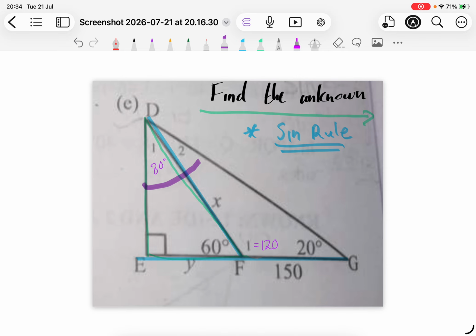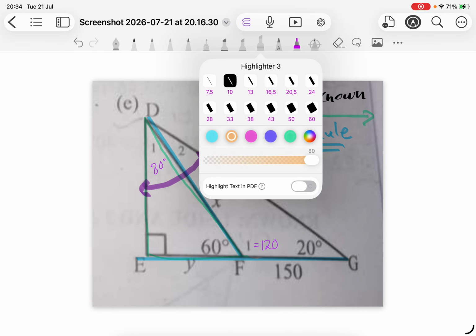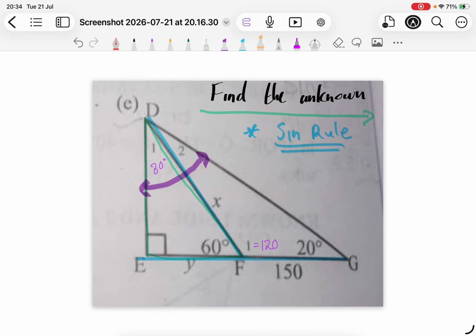So this is the angle D. And if I look at D in the triangle DEG, right? So I'm looking at this triangle here. So let me just quickly write it down there. So I'm looking at triangle DEG.